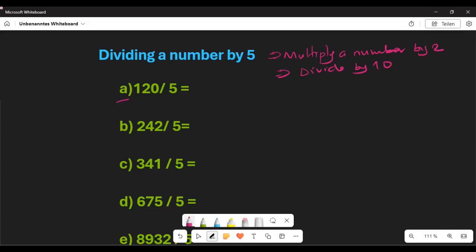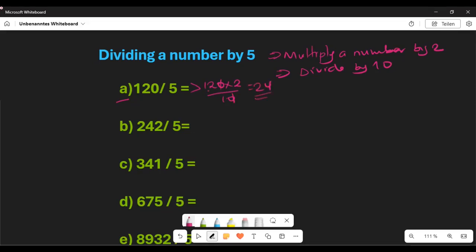So in this case, let's go to A. We have 120. What we're going to do here is multiply that by 2. And you can even quickly just divide by 10 immediately, so that we know that 10 will cancel with that. So you have 12 times 2, which gives you 24.